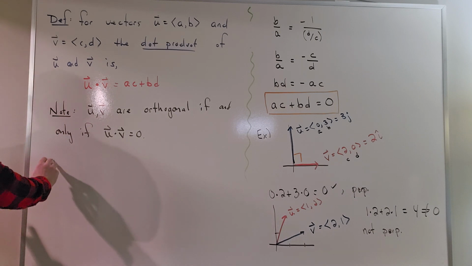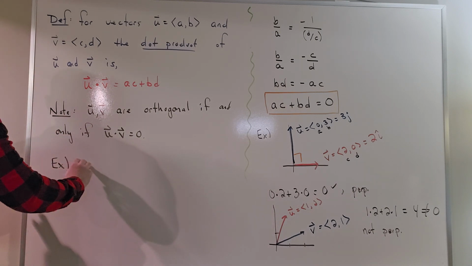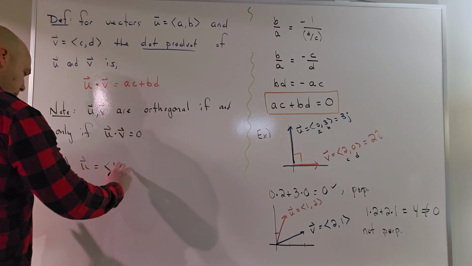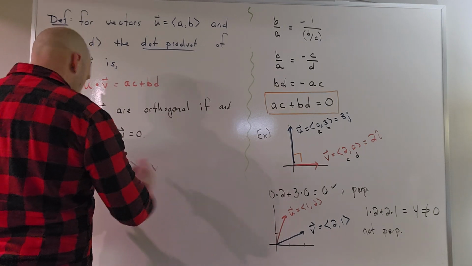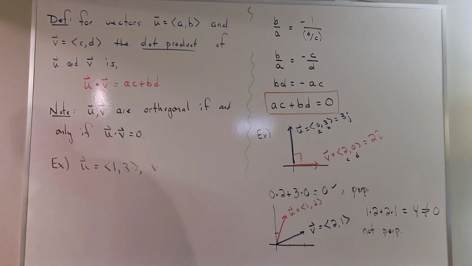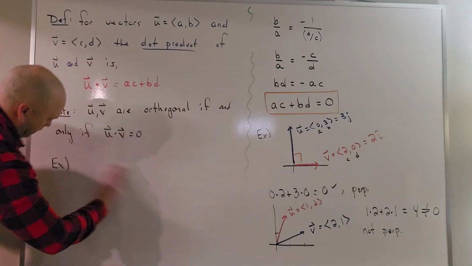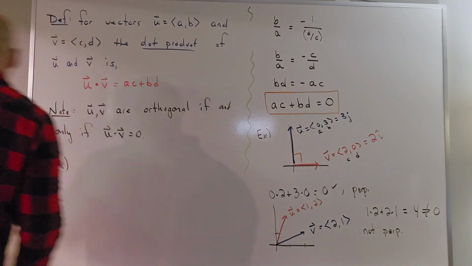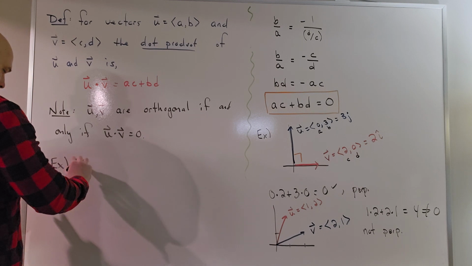All right, let's take a look at just some straightforward computations. For example, let's define vectors u to be, let's say, 1, 3, and let's say v. That's a little bit better.